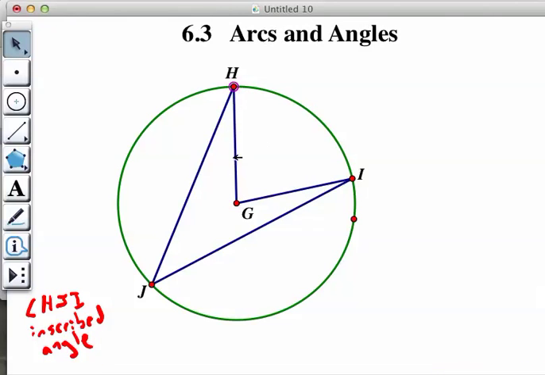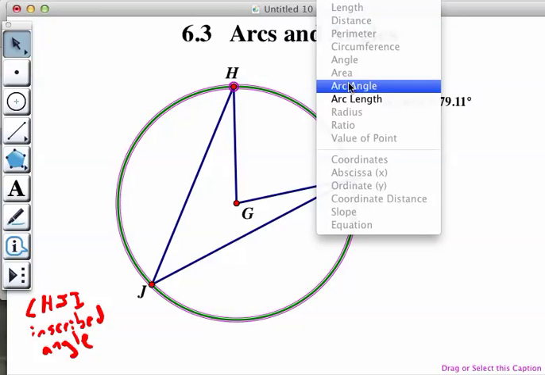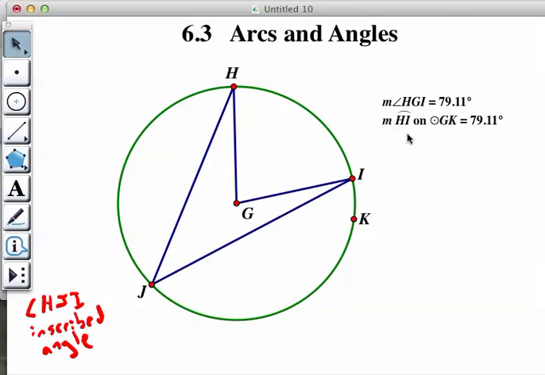If I look at the measure of this central angle and I compare it to the degree measure of this arc, they will be the same. Those degree measures are the same because the degree measure of an arc is equal to the measure of the central angle that intercepts it.